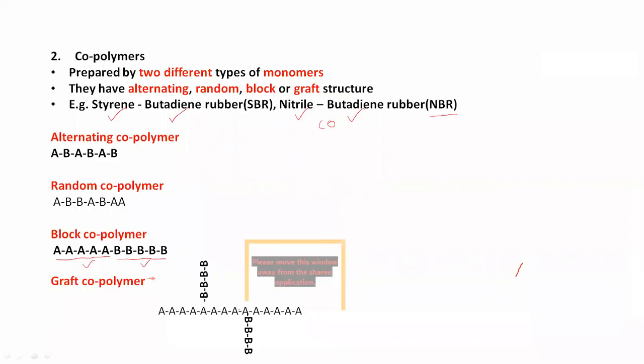If you look at the structure, here you have a straight chain produced by A monomers, and it is grafted at particular positions by B monomers, or we can say branches of B monomers. If you look at the overall structure, it is a copolymer. There are A type monomers and B type monomers, but they are in a graft fashion.